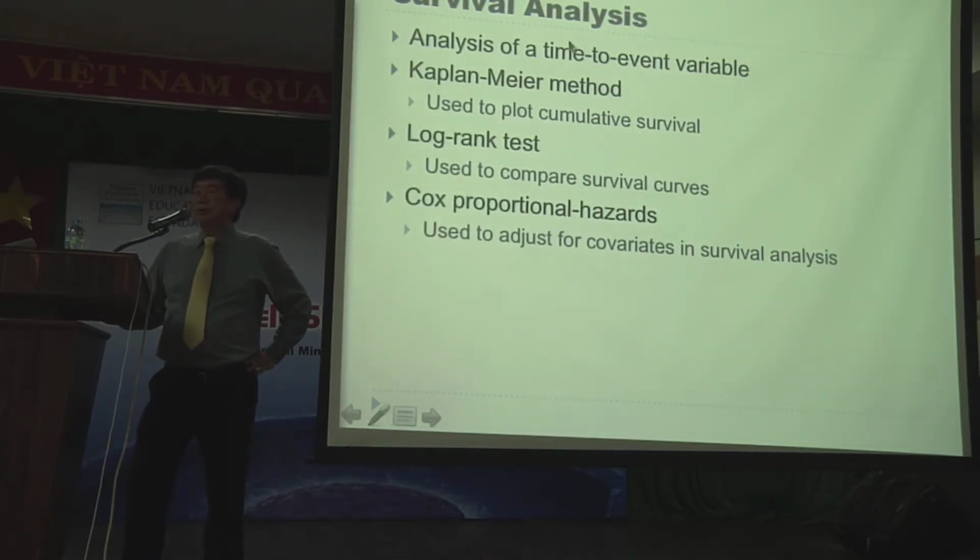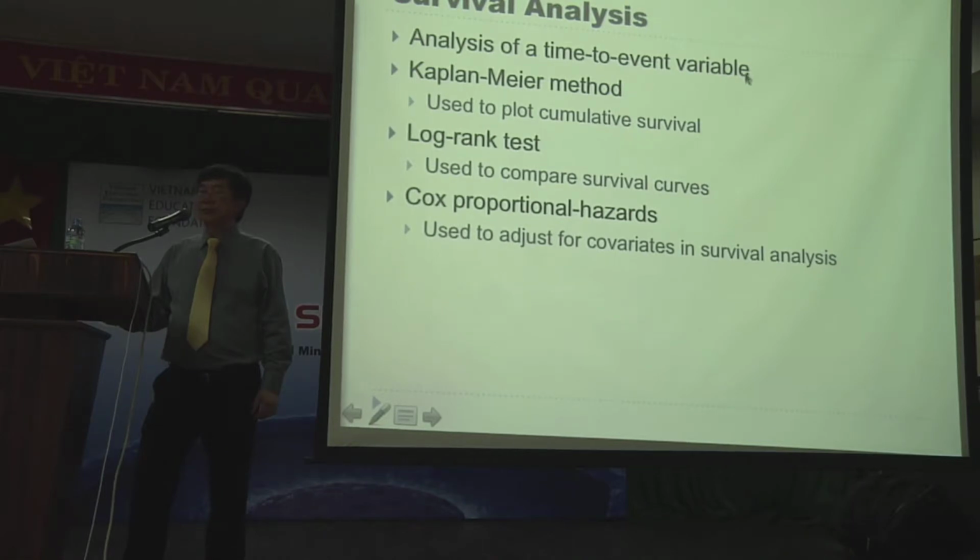So for clinical studies or animal studies, very often we come across what we call survival analysis. Survival analysis is basically a type of analysis that analyzes a time to event variable.